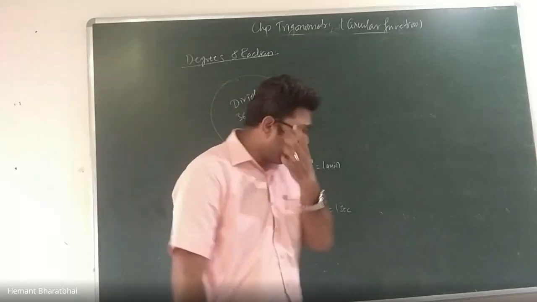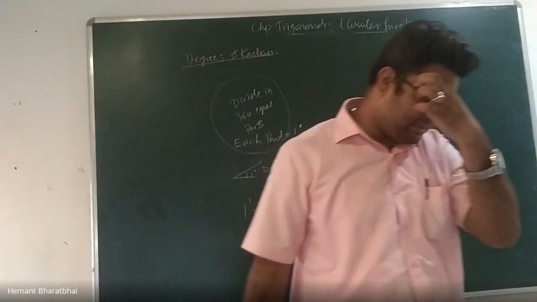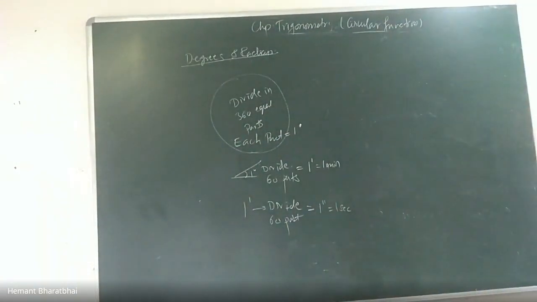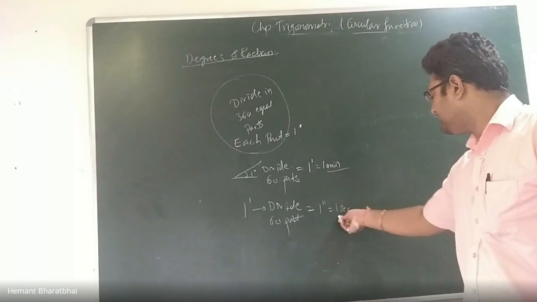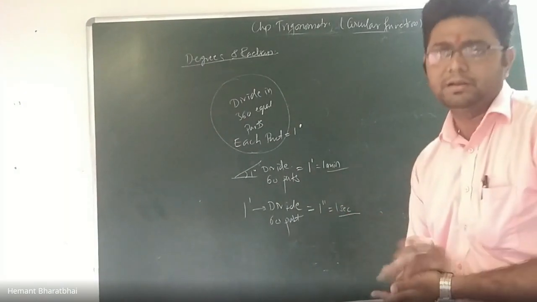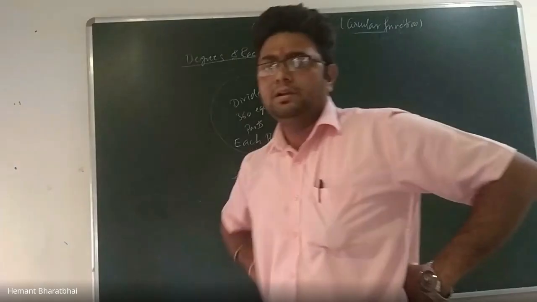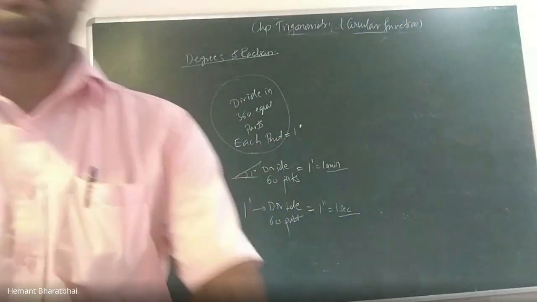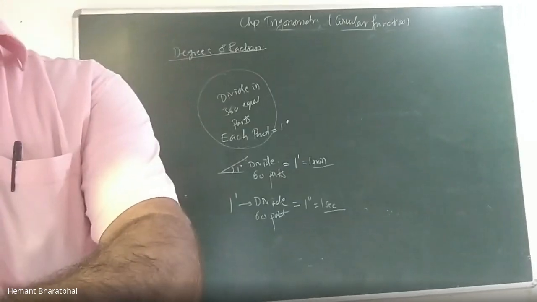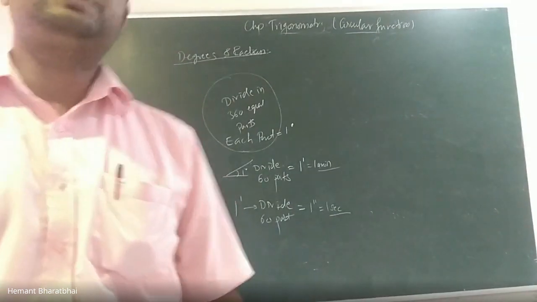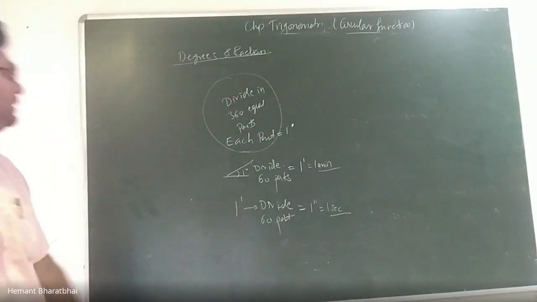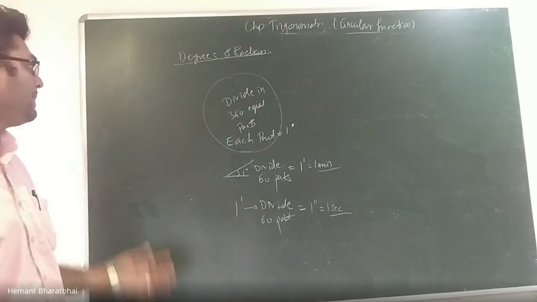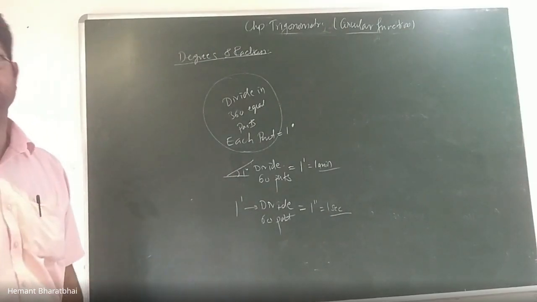Now you see, I'm talking about angles, but I'm using the units minutes and seconds, which we use for time also. This is the problem. This is what creates the confusion, because of which we stop using the degree and start using the radian system.